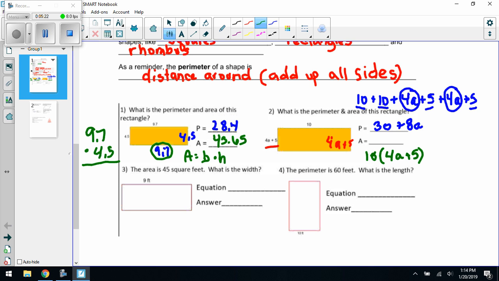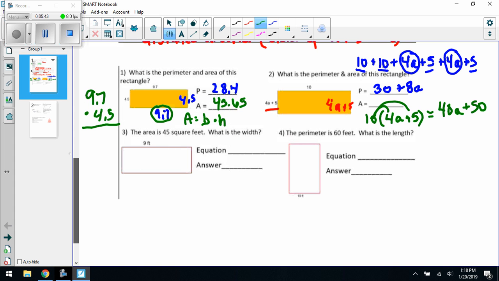And to do that, we distribute. 10 times 4a becomes 40a, and 10 times 5 becomes a positive 50. We can't combine terms any further, so the area of this rectangle is 40a plus 50.